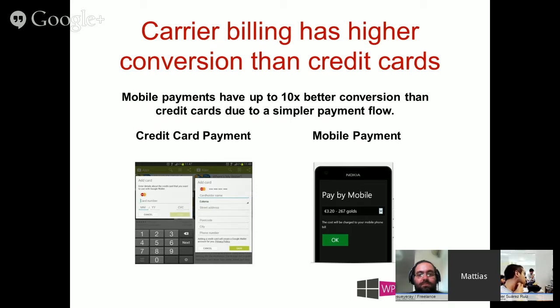So carrier billing really comes into effect when we're talking about emerging markets, markets where you're not currently making a lot of revenue. Usually in the United States, almost everybody owns a credit card, almost everybody is used to paying with it. So that's a market where carrier billing really doesn't work.